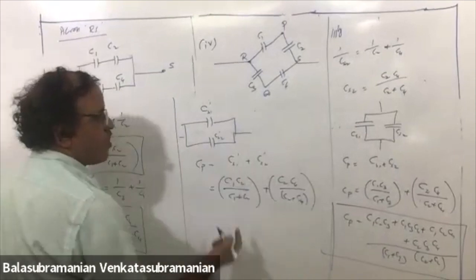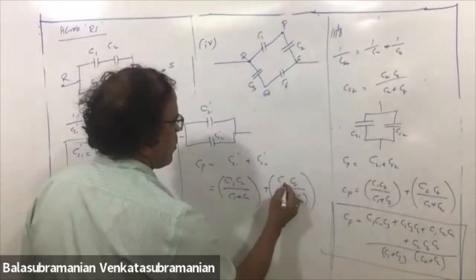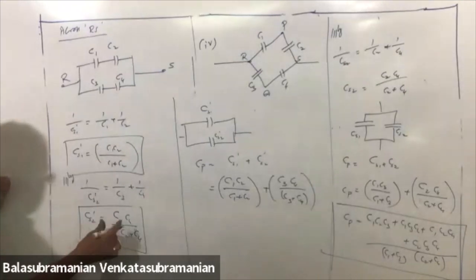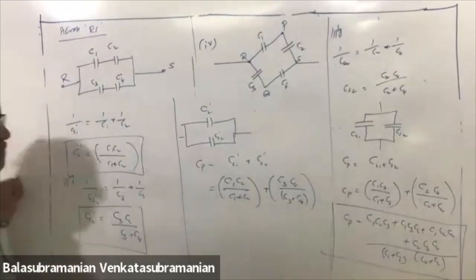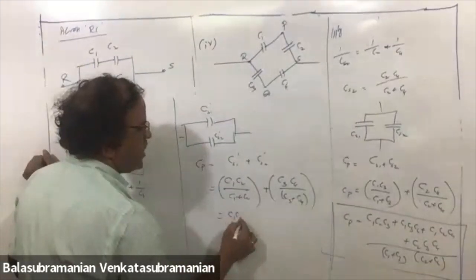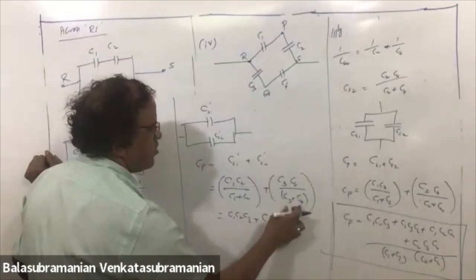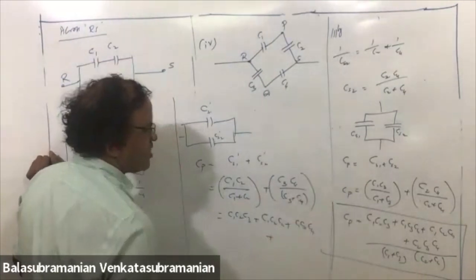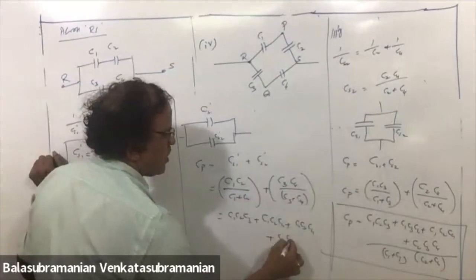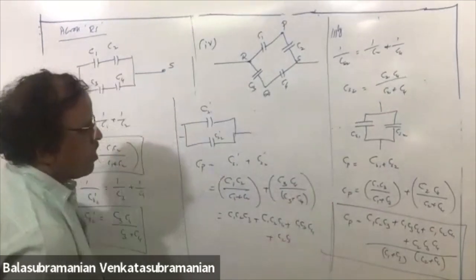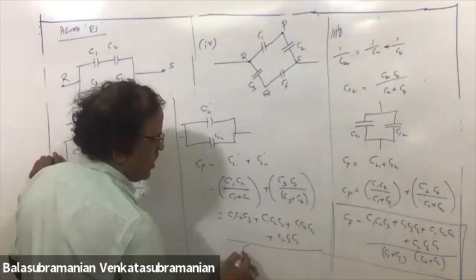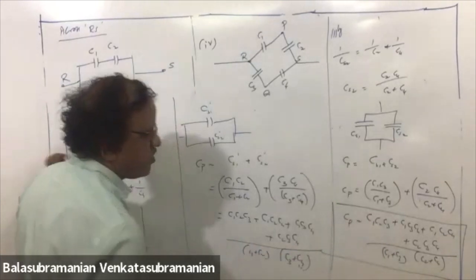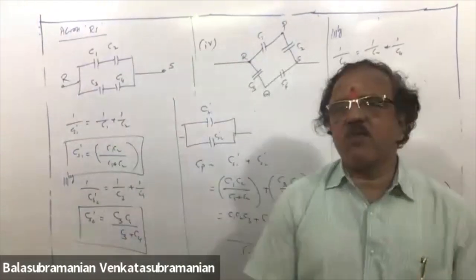LCM common term. C1 C2 C3 plus C1 C2 C4 plus C1 C3 C4 plus C2 C3 C4, whole divided by C1 plus C2 into C3 plus C4. Correct? Like that, innumerable problems we can work out.